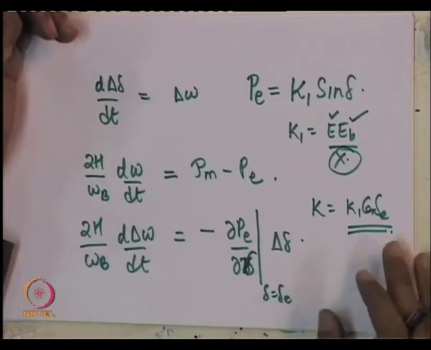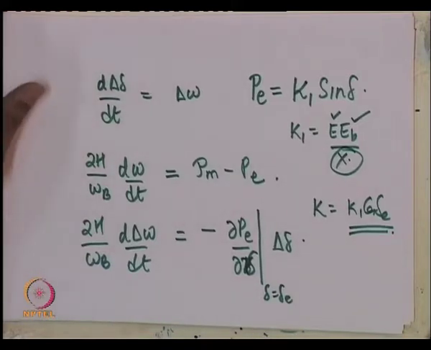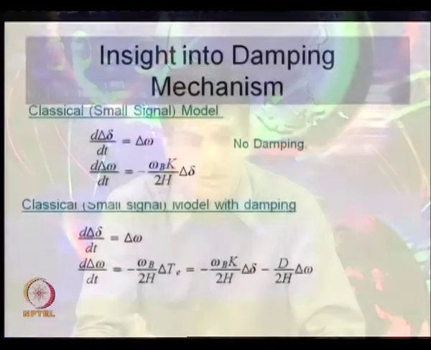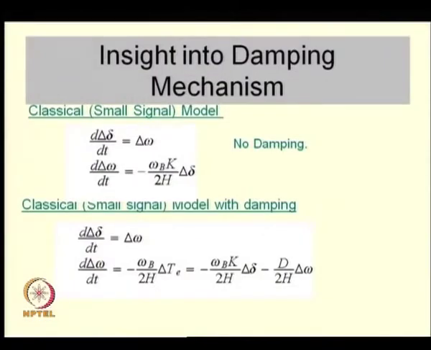Now, if you look at the equations of a linearized classical model of a synchronous machine, you will notice that they are like spring mass equations. And if electrical power is only a function of delta, the important thing is that there is no damping. So, the first two equations tell you of a situation where there is no damping.